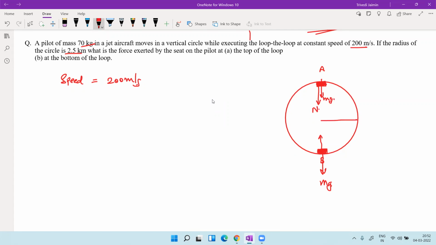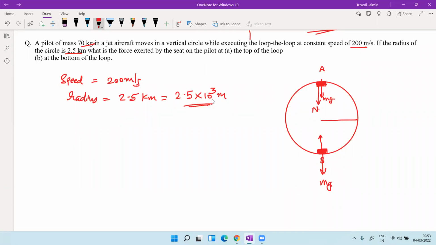So let's convert this also. In meters, it will be 2.5 times 10 to the power 3.